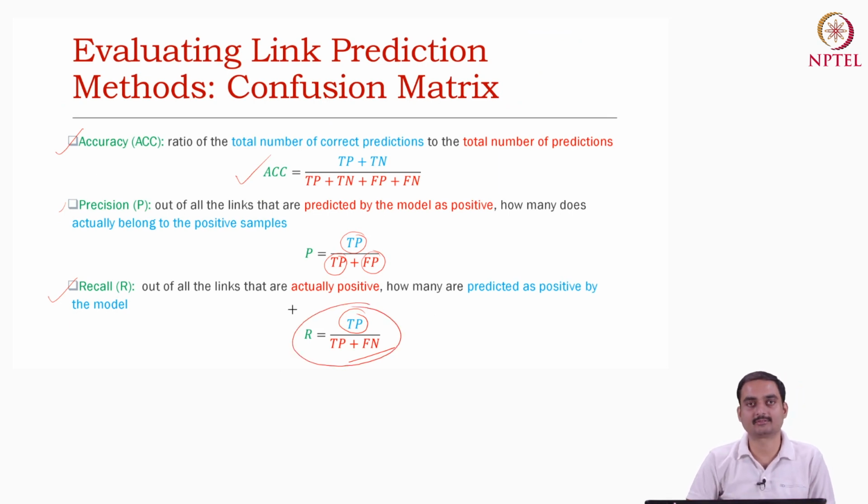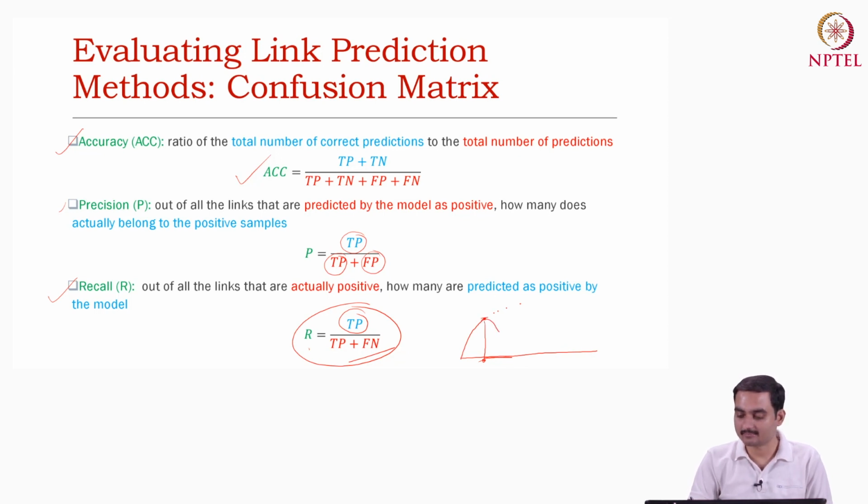You keep adding false positives, your recall will never change, right? So with the increase of false positive, say for example, you have drawn this curve and you are planning to draw the remaining shape of the curve. You are at this position. You have certain false positive value, right? You increase false positive, the false positive will increase, but this will never decrease.